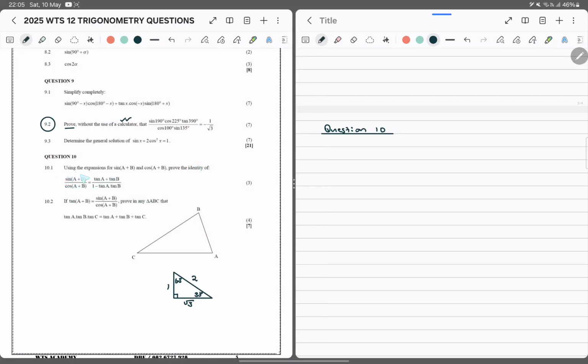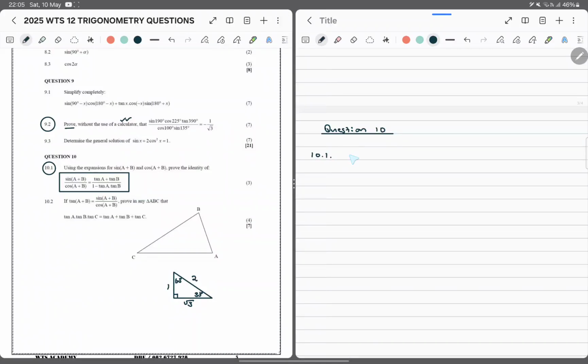Of course, this is the compound angle identity, which I have shown you. Even though it's not necessarily commonly examined like this, you just have to do it, so that when a question like this comes, you don't struggle.